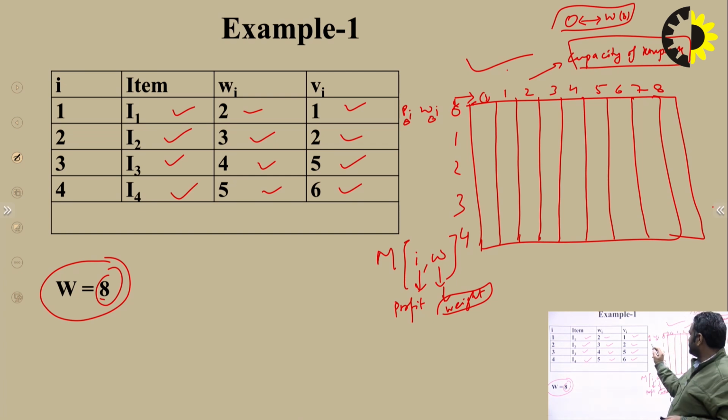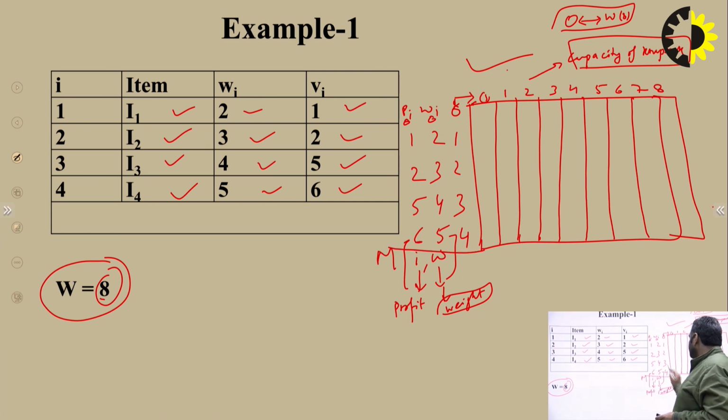And then the first item's weight is 2 and profit is 1. In the same way, the second item's weight is 3, the third item's weight is 4 and the fourth item's weight is 5. In the same way, the profit of the first item is 1, the profit of the second item is 2, the profit of the third item is 5 and the profit of the fourth item is 6.